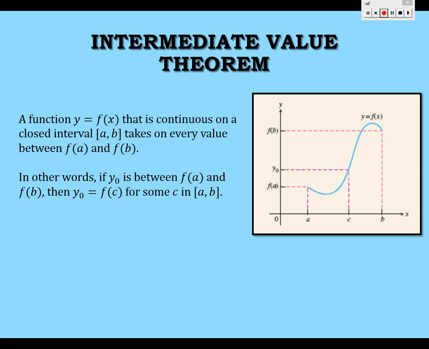There's so much you can do with this, actually, even though it sounds so trivial and so simple. Why is it true that if the temperature in this room this morning was 70 degrees and the temperature at 5 o'clock this evening was 80 degrees, why must it be true that the temperature was at one time during the day 73 degrees?